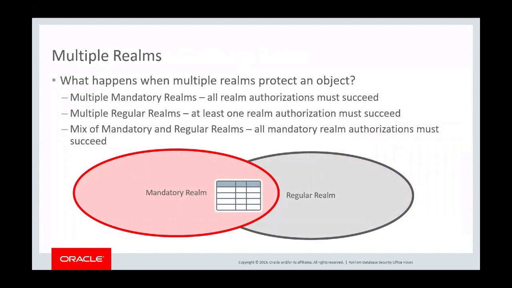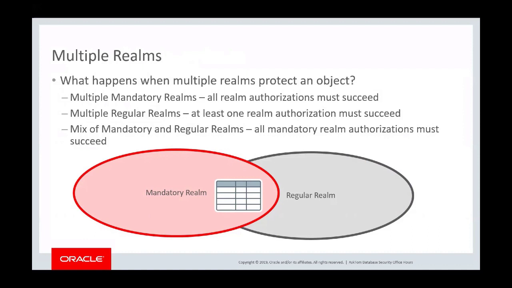Now, this doesn't come up all that often, but we do see questions on this, so I just want to cover it quickly. Multiple realms: you can have multiple realms protecting the same object. And here in this particular case, I've got an object, a table, that's protected by a mandatory realm and a regular realm.